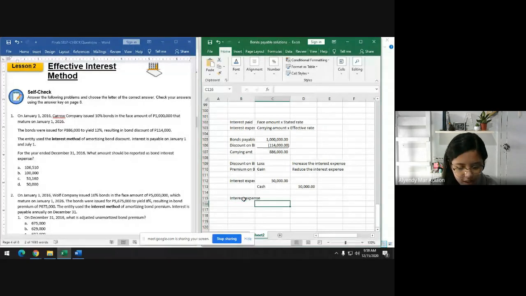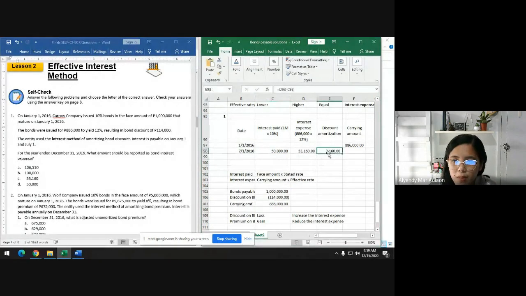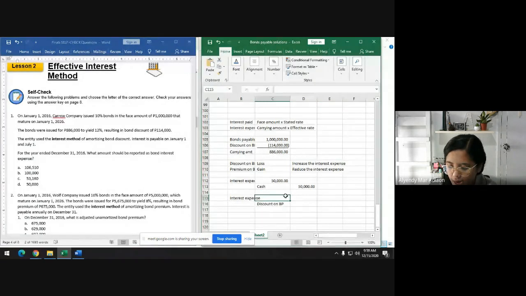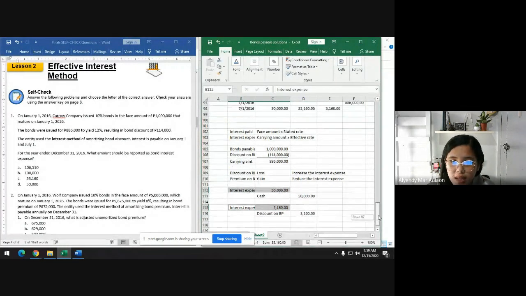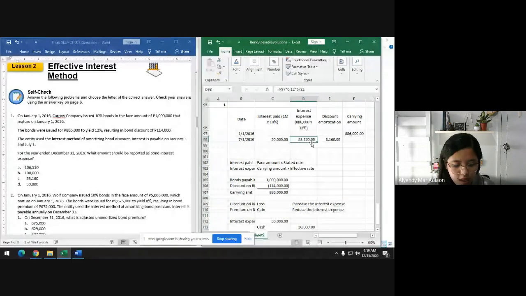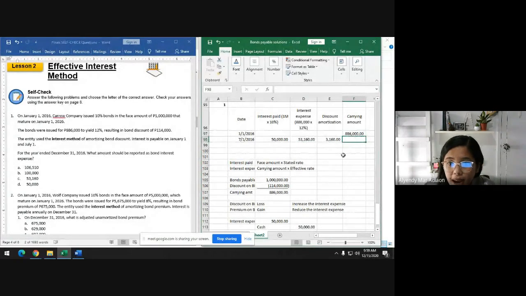So debit interest expense and credit discount on bonds payable by the amount of the amortization, 3,160. So in effect, our total interest expense is 50,000 plus 3,160, which is 53,160.